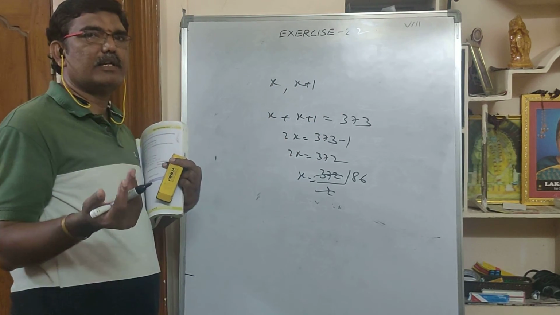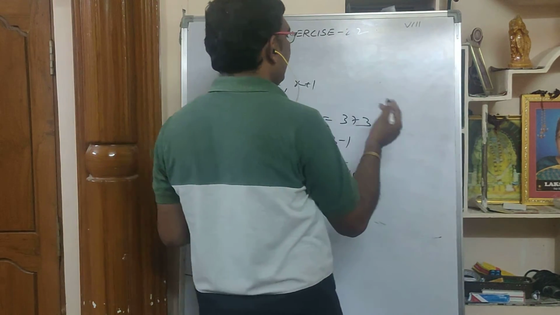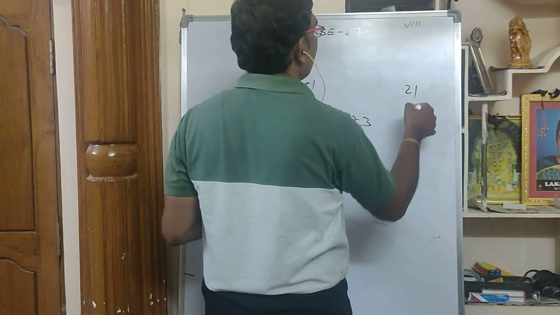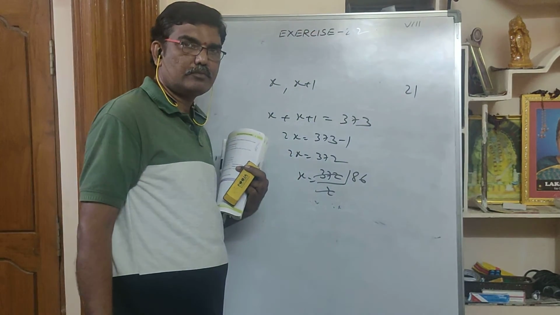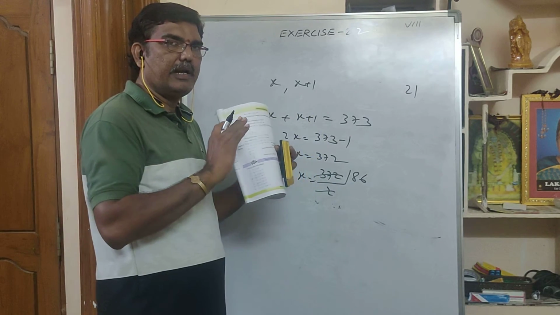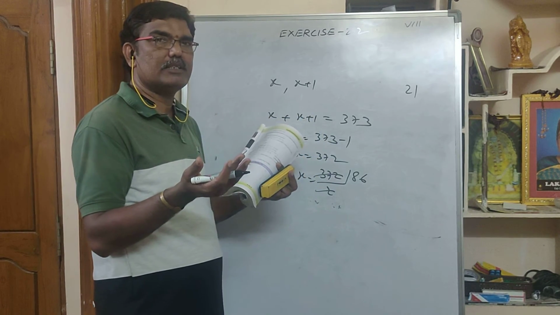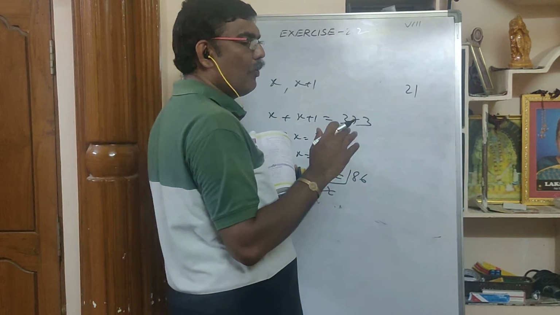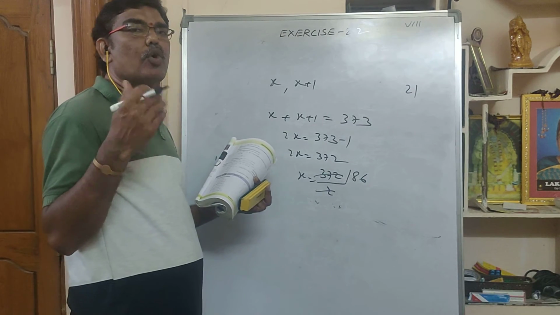186 and 187. See, if I got a total number as 21: I took one textbook and opened one page. I added this number and that number, and I want to know which pages I opened.